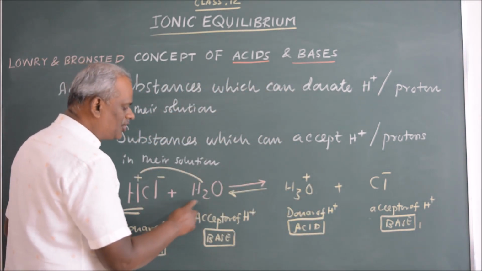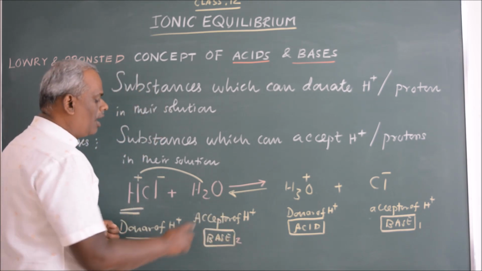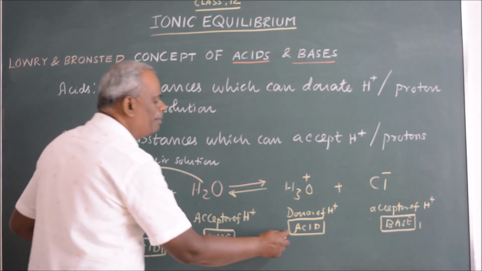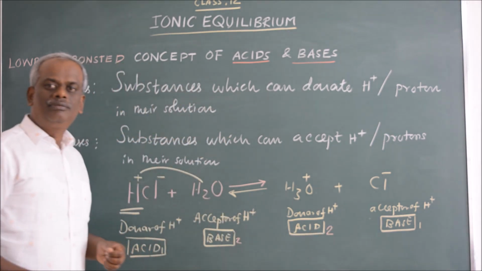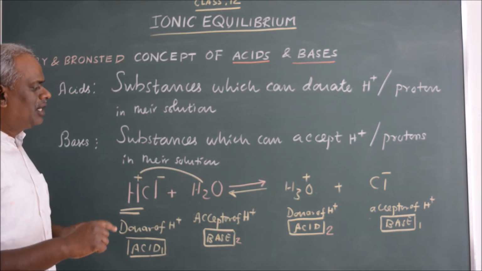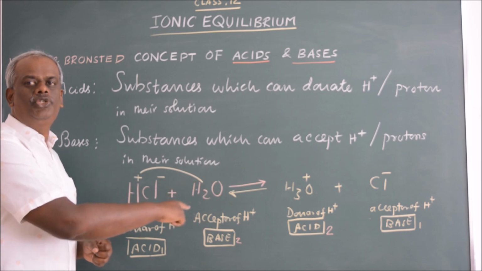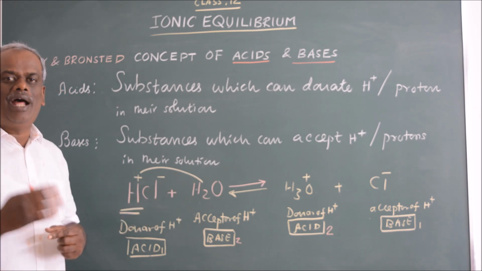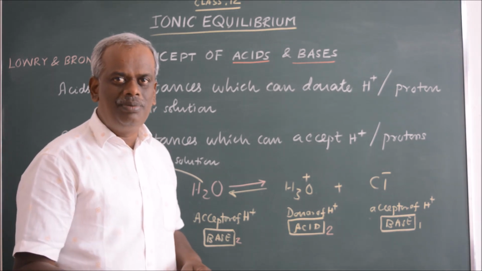Likewise, the base H2O is termed base 2. After accepting H plus, it is forming an acid. This can be called acid 2. So we can find the conjugates of the HCl and H2O. That is called conjugate acid base pair. So we are going to talk about the conjugate acid base pair now.